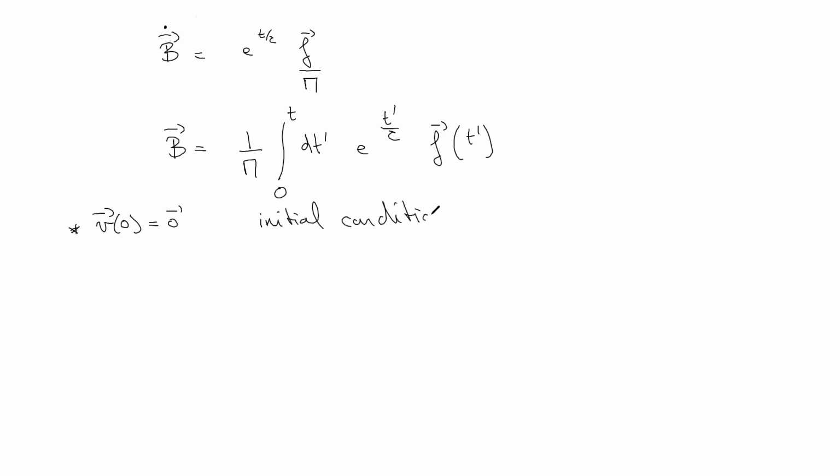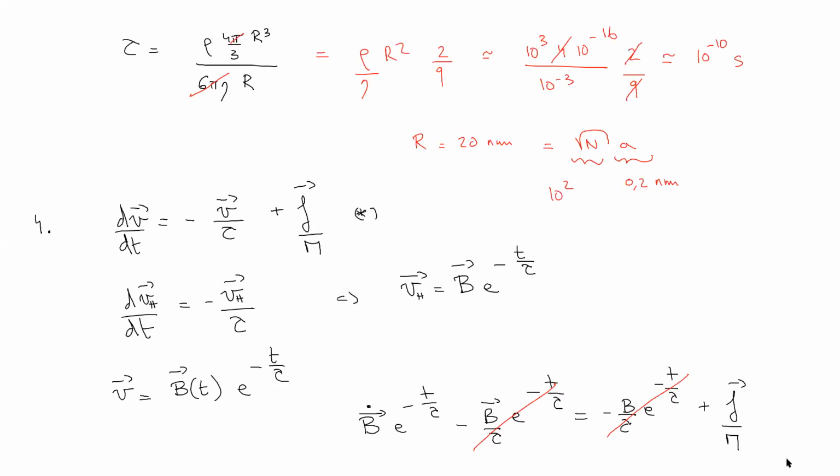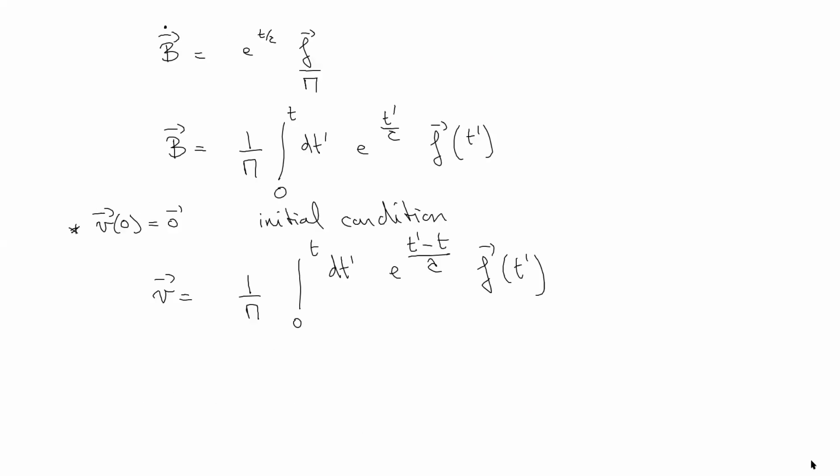Therefore, the velocity altogether reads 1 over m integral of this guy, and there is this minus t over tau that appears because the total velocity is b times the exponential in time t.